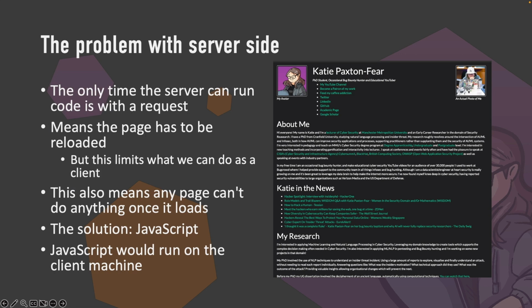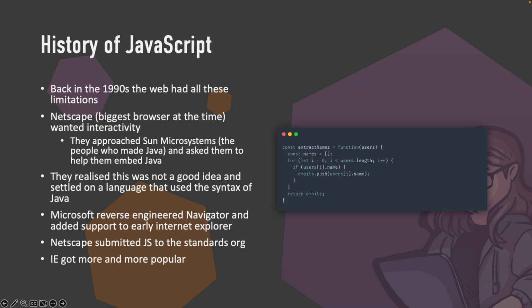Now, because JavaScript is client-side, not server-side, you can also read JavaScript and see how it's being used. In terms of the history of JavaScript, back in the 1990s, and this is true for quite a lot of security issues, the web had a lot of limitations. The modern internet is very much based off of technology from the 80s and 90s, and that's why we see a lot of security issues, because it's based on these older technology stacks.